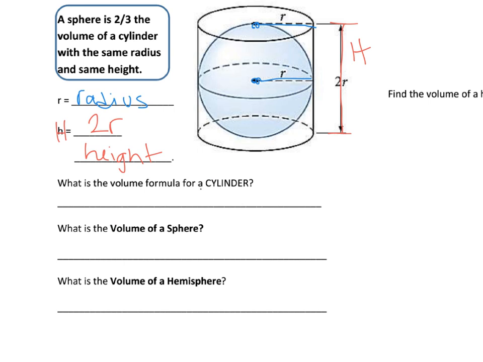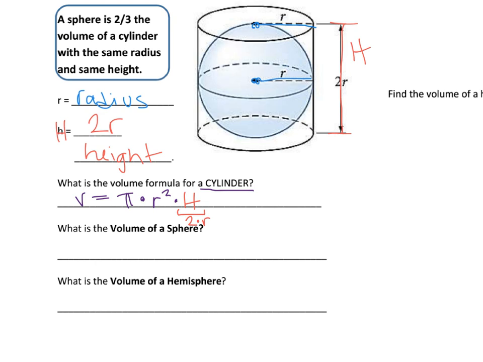What is the volume for a cylinder? Well, we need to remember back that volume equals pi times the radius squared times the height, which if we look at this picture, the height is actually 2 times the radius. So we'll just jot that down.